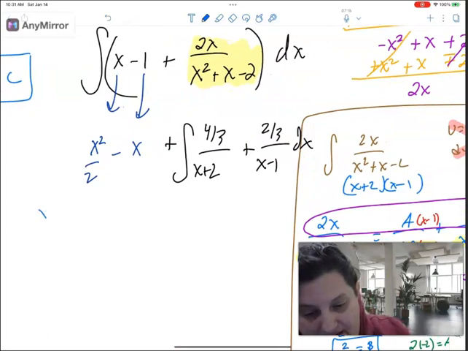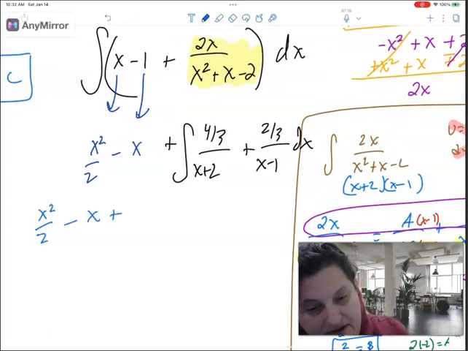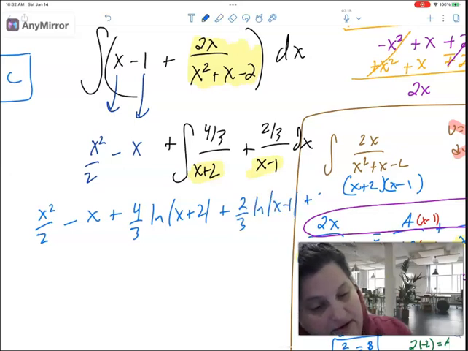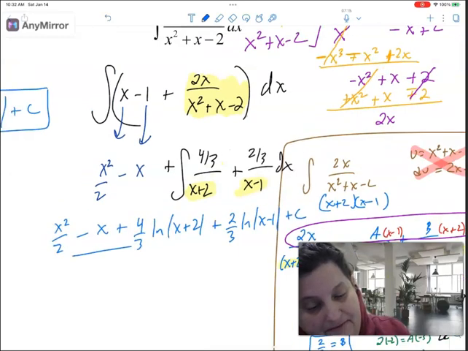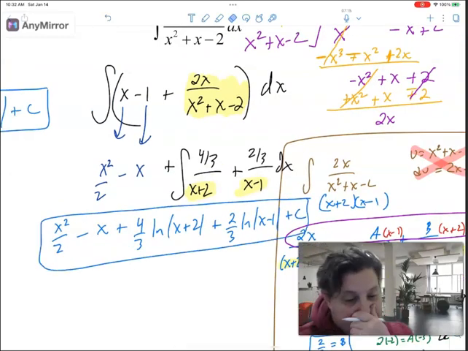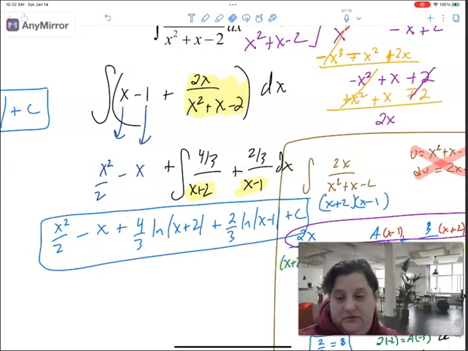I've got x squared over 2 minus x. This then turns into an ln, so it's 4/3 ln|x plus 2|, and this also turns into an ln, 2/3 ln|x minus 1|, plus C. That's kind of how complicated the partial fractions would get.